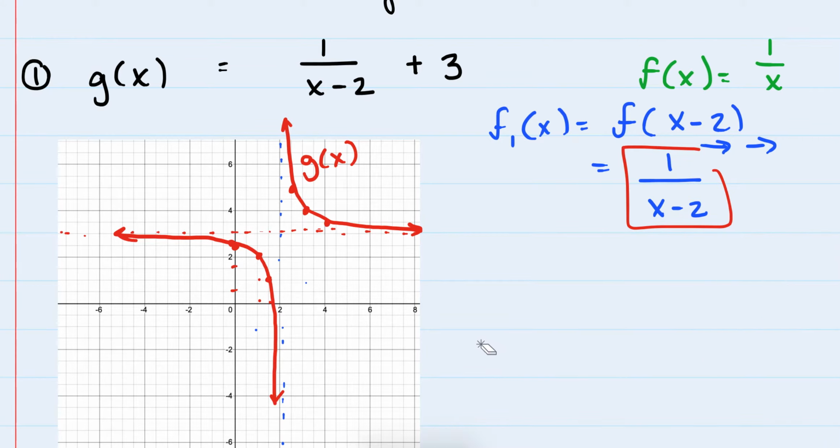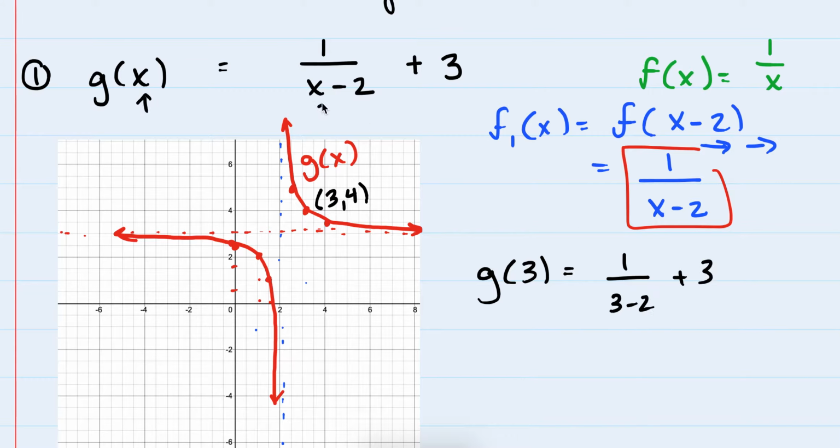And let's double check. Let's just plug in one of these points to see if we got something correct. So how about the number 3? This point looks like 3, 4. So if I plug in 3 into g, g of 3 is 1 over 3 minus 2, plus 3. I'm just plugging it in wherever I see an x.